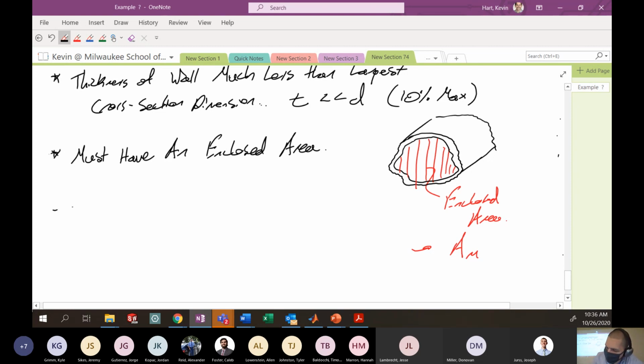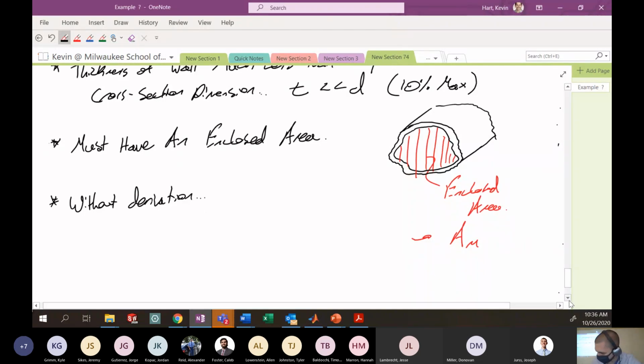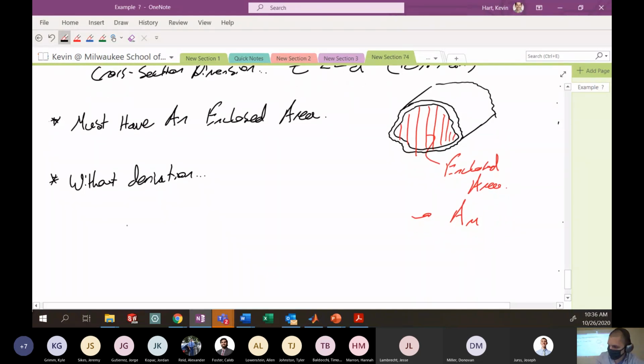All right, so again, without derivation, we have the following relationships. The shear stress is the torque divided by 2 A_m times t. It's equation number 1.